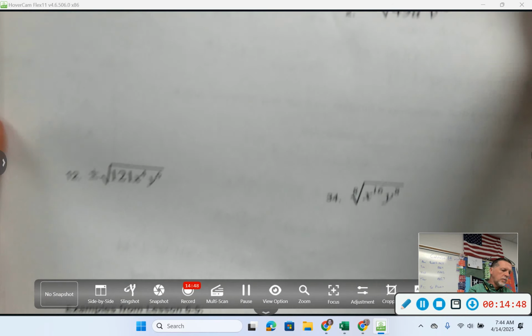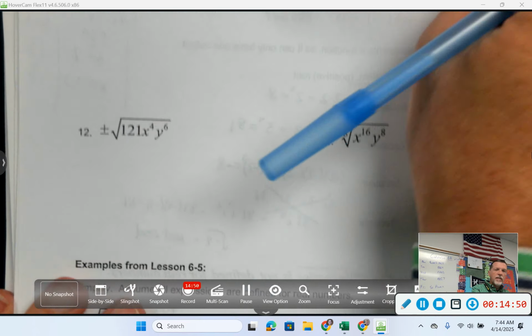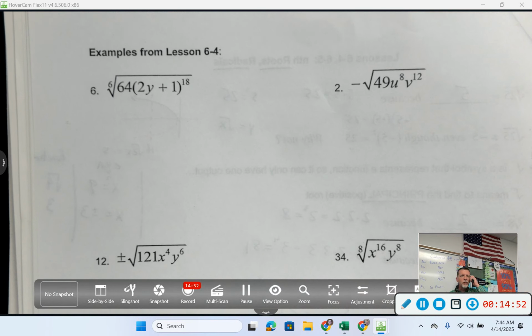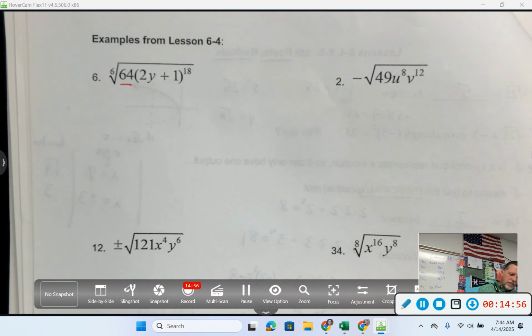All right, some practice work here. Sixth root of 64. Let's do them one piece at a time. Probably 2. It's definitely not 4. 4 times 4 is 16, times 4 is 64, and that was only 3 of them, so that's out.